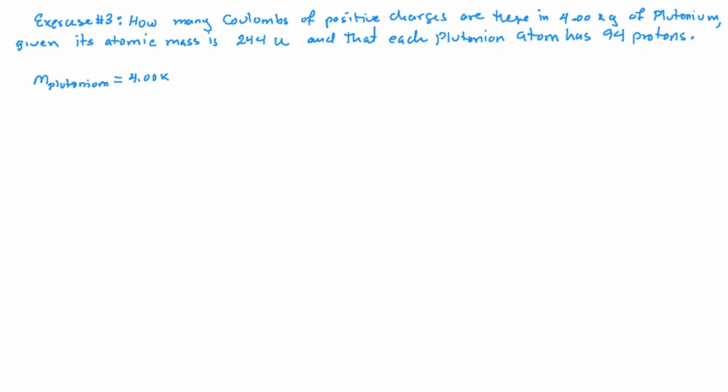It is 4 kilograms of plutonium. Now, we know the atomic mass. What is the atomic mass?